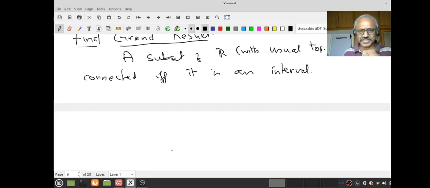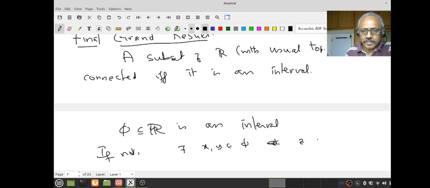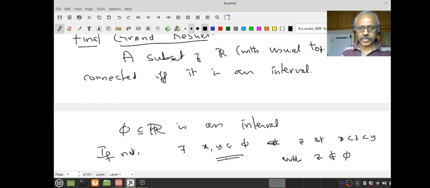There is one small subtlety. Again, remember, the empty set is an interval as a subset of R. Why? If it is not, what should you give me? You have to give me two points x and y in the empty set and a point z so that x < z < y with z not in the empty set. But you can't do this because in the empty set you cannot find two points.